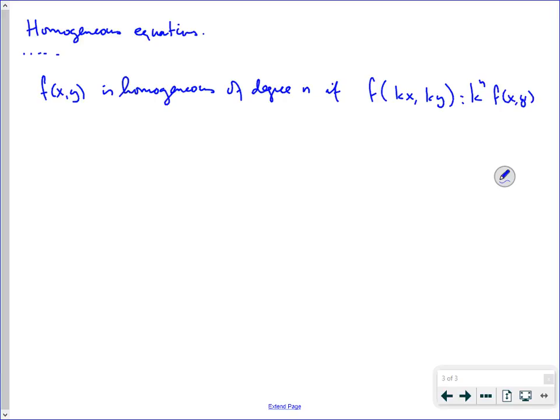Okay, well, so let's look at what a differential equation is going to be homogeneous.